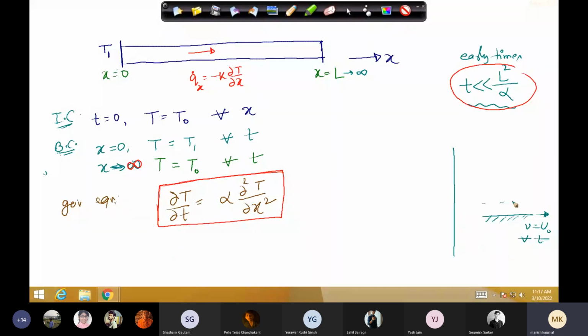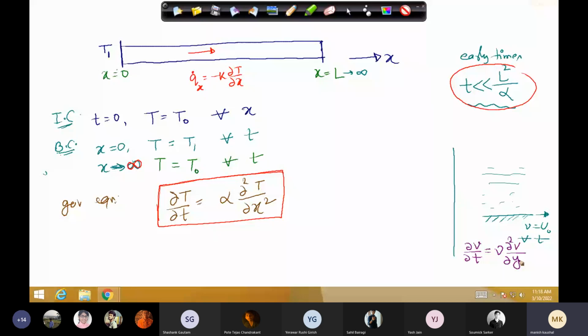At early times you wanted to know the velocity profile, and the governing equation was dou v by dou t equal to kinematic viscosity, or momentum diffusivity, times dou square v by dou y square, because momentum was transported in this direction.